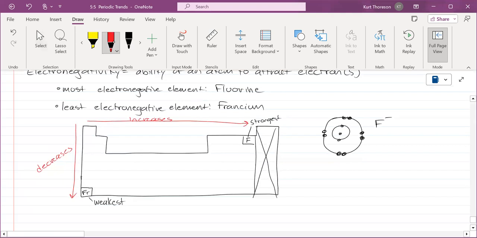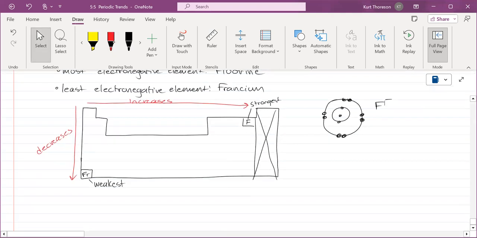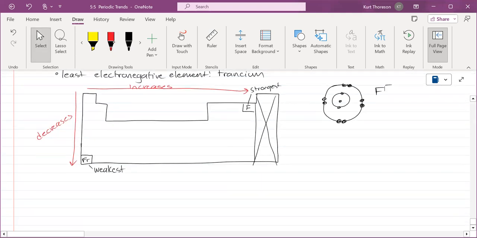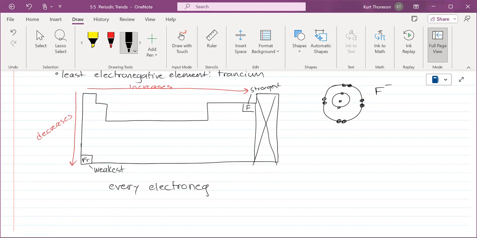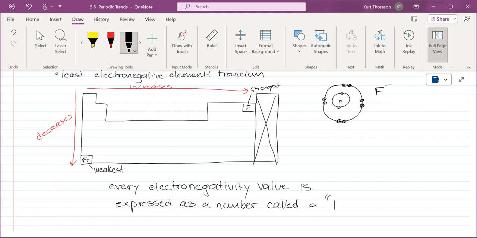All right. So these numbers, guys, and I'm going to give you a few values here. They are measured with numbers. Every electronegativity value is expressed as a number called a Pauling.